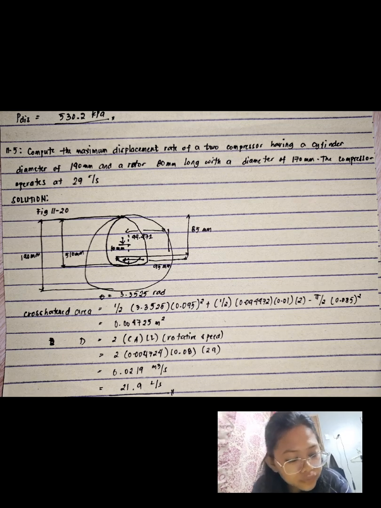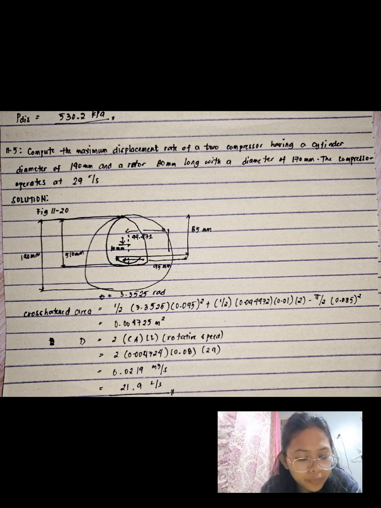So next, for our fourth problem, compute the maximum displacement rate of a two-lobe compressor having a cylinder diameter of 190 mm and a rotor 80 mm long with a diameter of 170 mm.